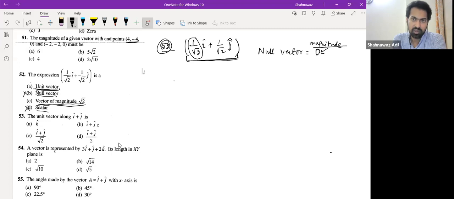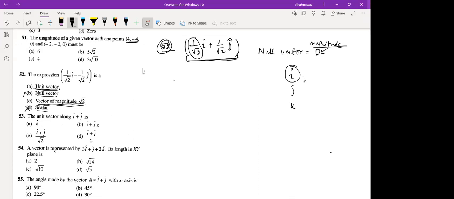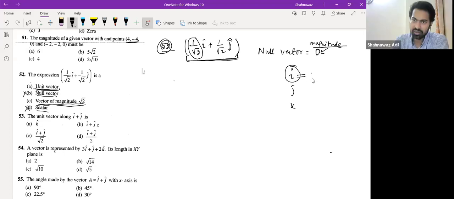I, j, and k are the unit vectors. So what is the magnitude of i? 1. That is why it is a unit vector. J magnitude is 1. So whichever vector whose magnitude is 1 will be called a unit vector, right?